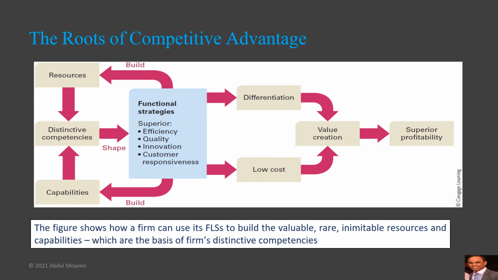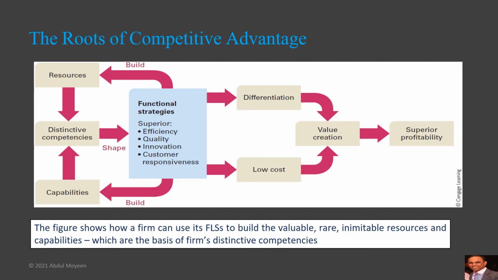These distinctive competencies enable a company to pursue a differentiation or a low-cost strategy. Sometimes a company uses both low-cost and differentiation strategies, then we call it a hybrid strategy. But principally, low-cost and differentiation are the two basic strategies for creating value, which lead to competitive advantage and above average profit.